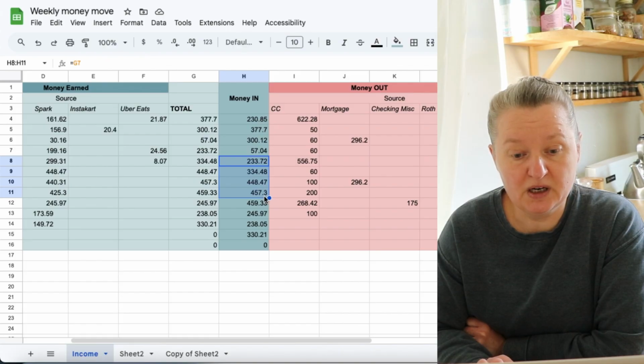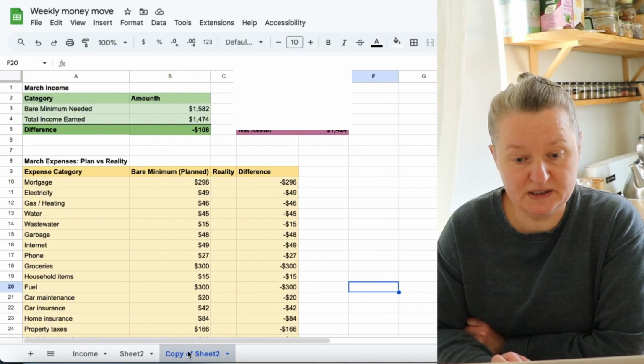So the money deposited into my bank account came from the previous week. For consistency and clarity, I will be using these four numbers, and they are already added up over here.